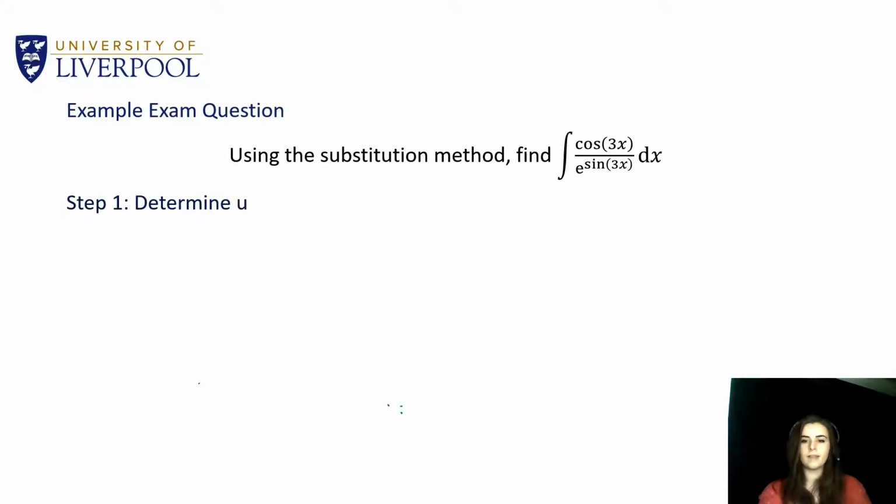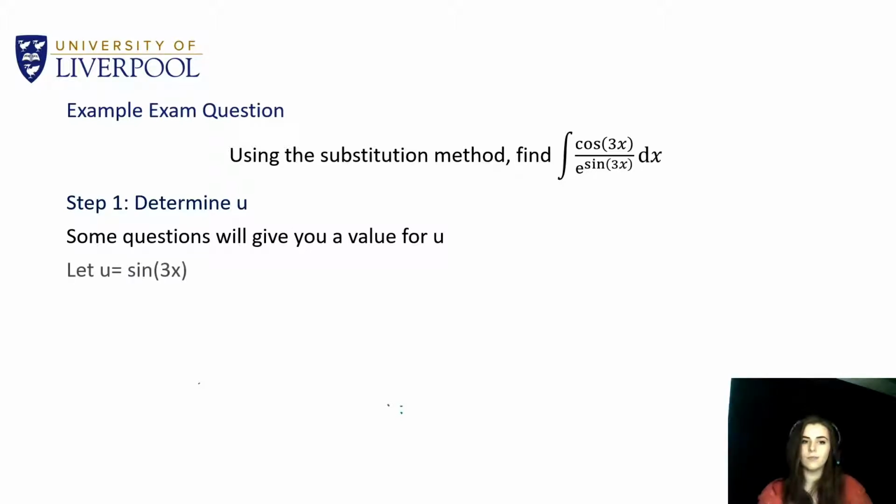So our first step is determining what we are going to choose as our u, and this is what we'll be using as the substitution method. Some questions will normally give you a value for u and you'll use that within the question. However, this one does not, so we have to choose our own.